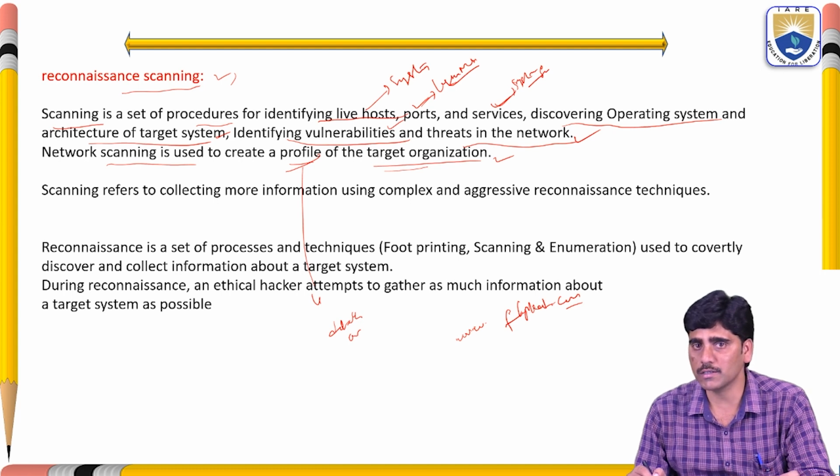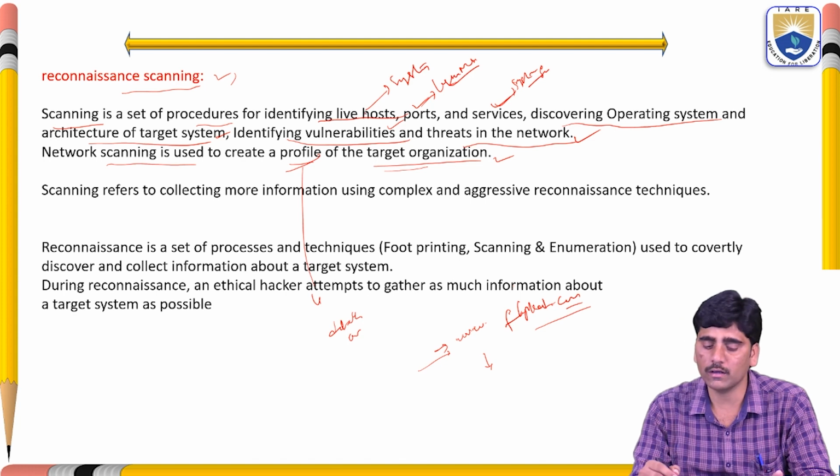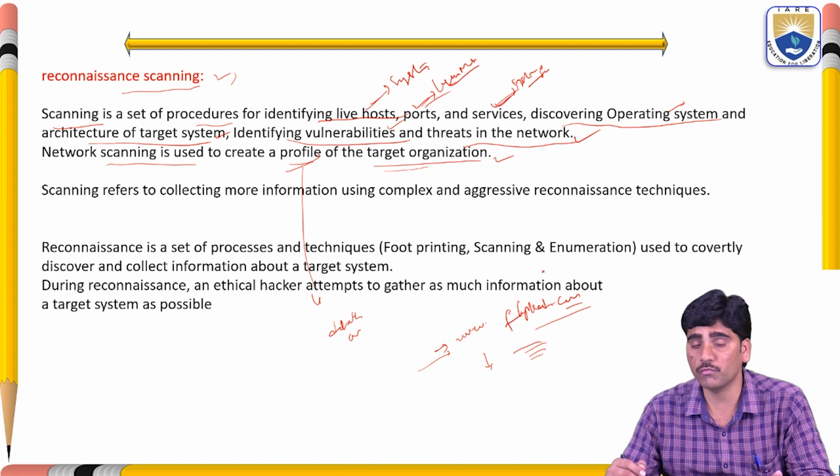This is one target address or target system. When we perform scanning on this target, you will get all the information, like live hosts, ports, services, operating system types, architecture, vulnerabilities, and the threats on the network. You get all the details in the form of a profile.